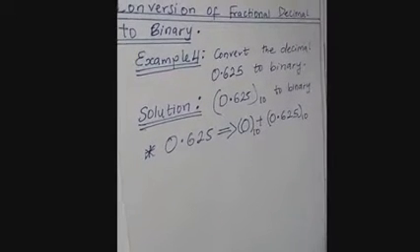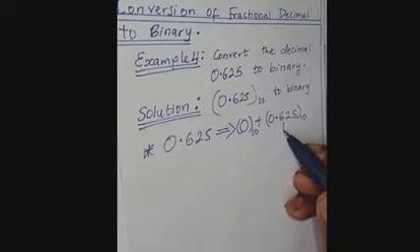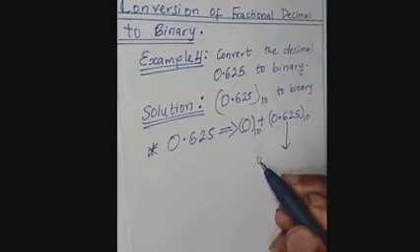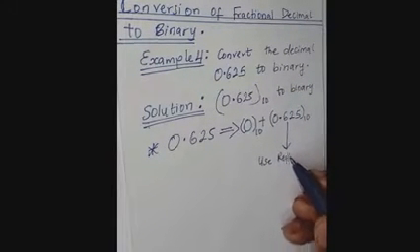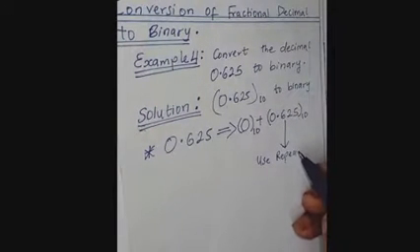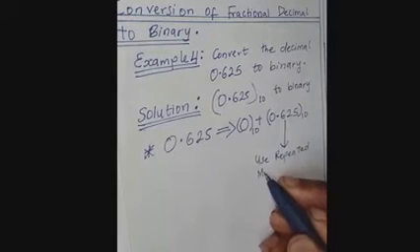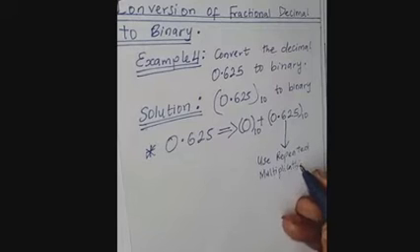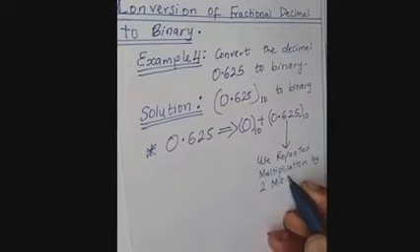The next thing you are going to do is that for this decimal part, we are going to use the repeated multiplication by 2 method.